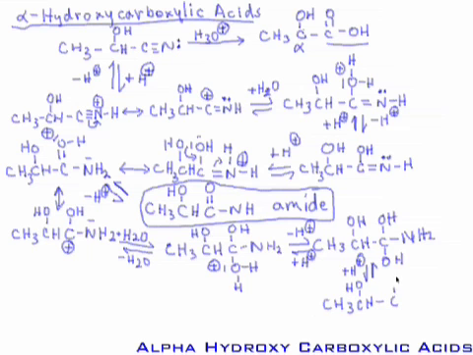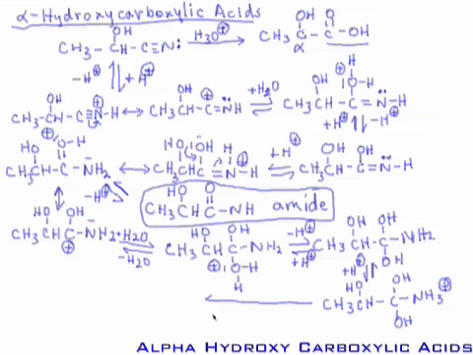We have a COH, OH, NH3+. Okay, getting a little crowded here. Now, I'm going to take this and then I'll show what happens last step. I'm running out of room.